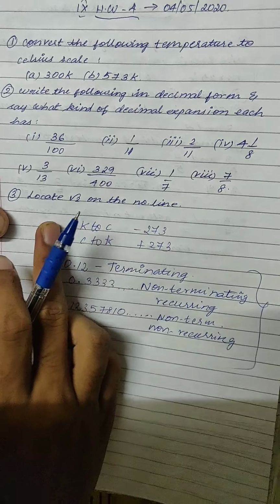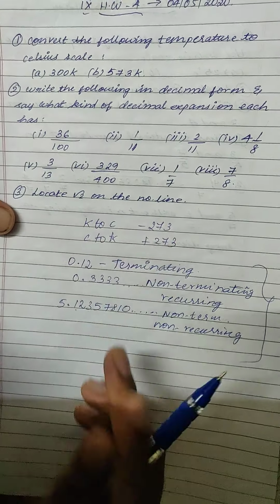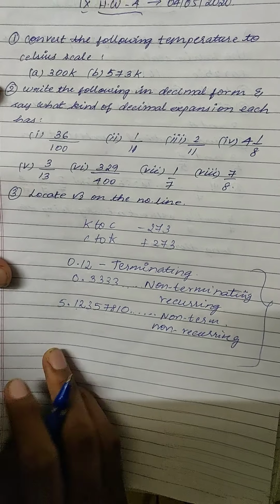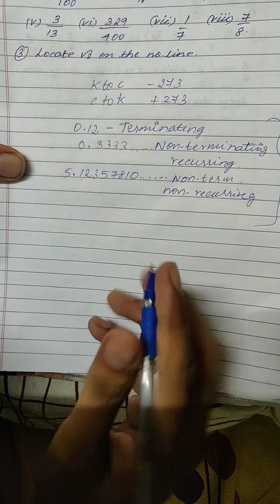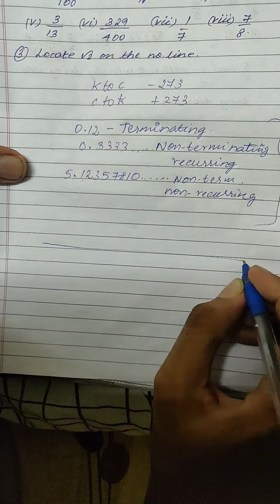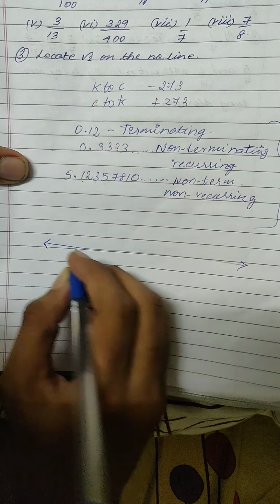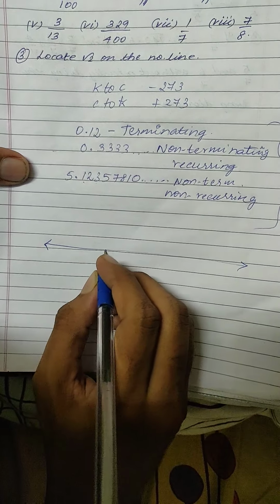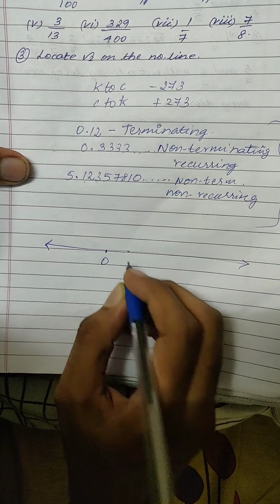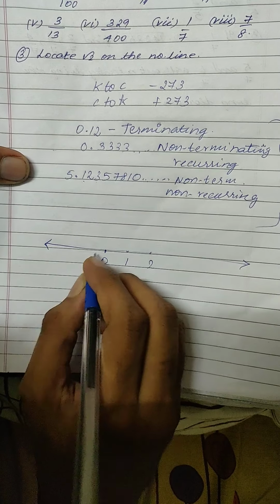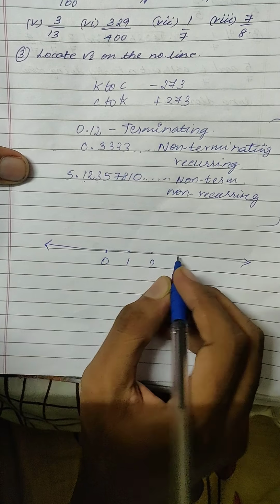Okay, the last question: locate root 2 on the number line. So how do we locate root 2 on the number line? First, you have to draw a normal line using a scale, and then take 0, 1, 2, and 3 also if you want, or you can also take -1. All these should be 1 centimeter spaced.